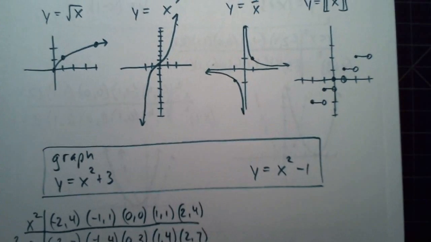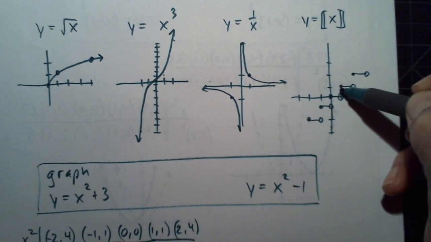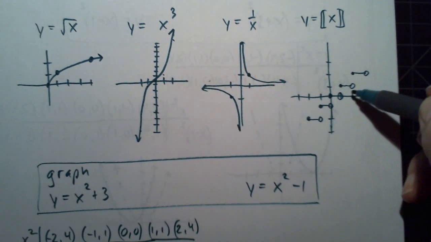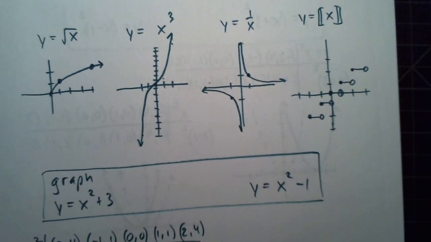And those were right here. I'm just using these points. Negative 1, negative 1, 0, 0, 1, 1. Using these. And then we know where the open circles are going to go.